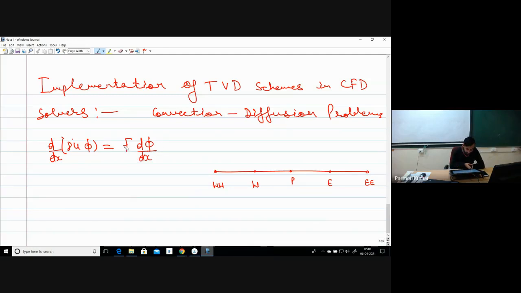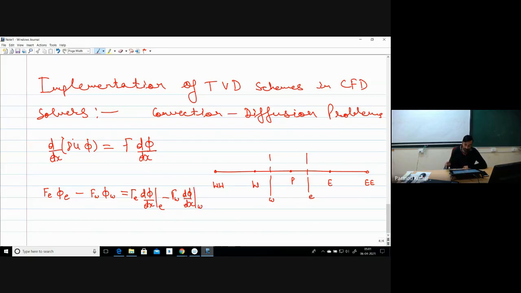We have seen that while integrating this and converting the volume integral into surface integrals, for some node P with E and W as the faces of the control volume, we finally find Fe phi E minus Fw phi W equals gamma E d phi by dx at E minus gamma W d phi by dx at W.